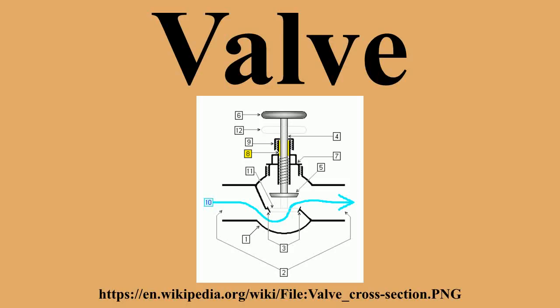Valves can also be controlled by actuators attached to the stem. They can be electromechanical actuators such as an electric motor or a solenoid, pneumatic actuators which are controlled by air pressure, or hydraulic actuators which are controlled by the pressure of a liquid such as oil or water.